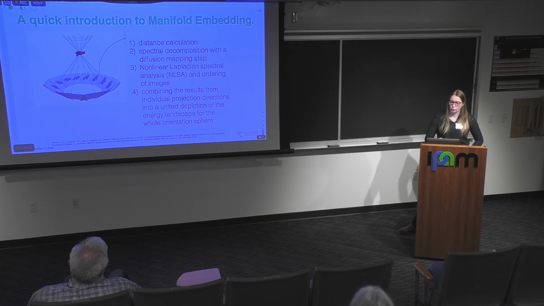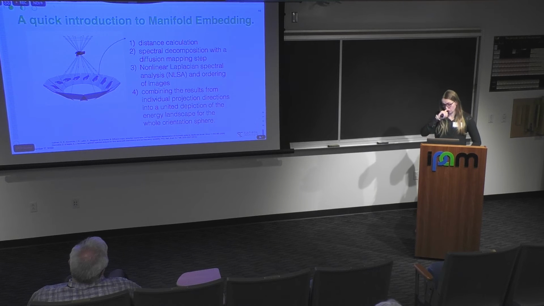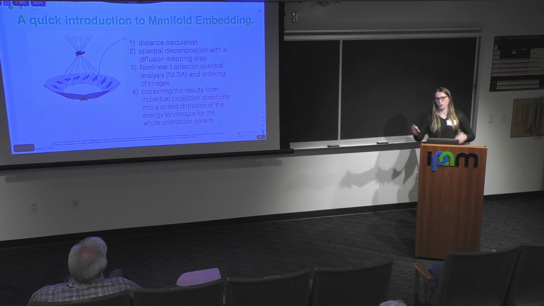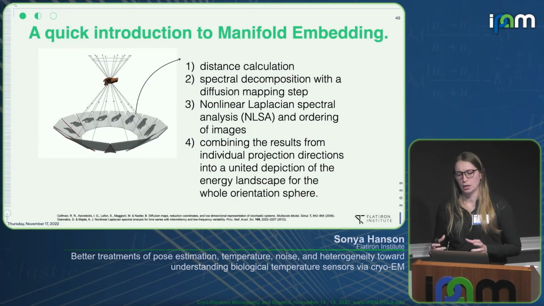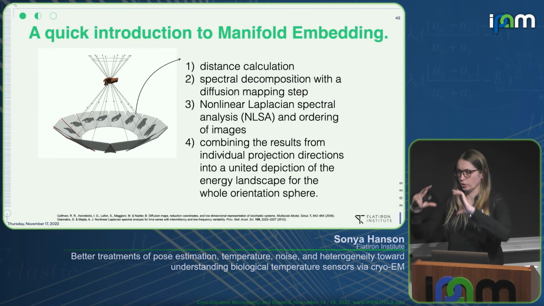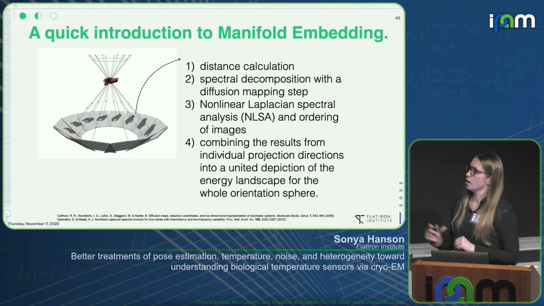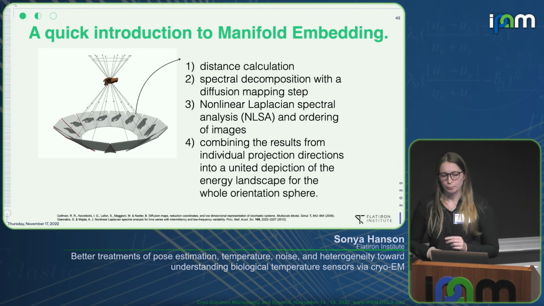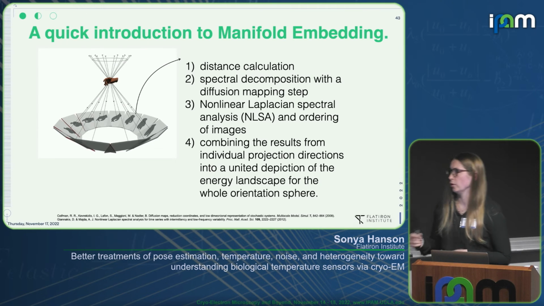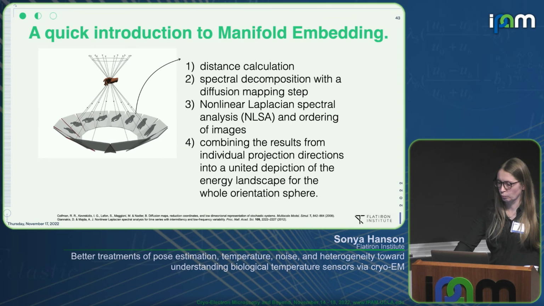Distance calculations, diffusion mapping, then there's this NLSA step. But one aspect that was not discussed so much is that manifold embedding is performed on each projection direction at a time. One of the first things that happens is that the projection directions are clustered into sets where the conformational change is the dominant signal compared to the orientation change.